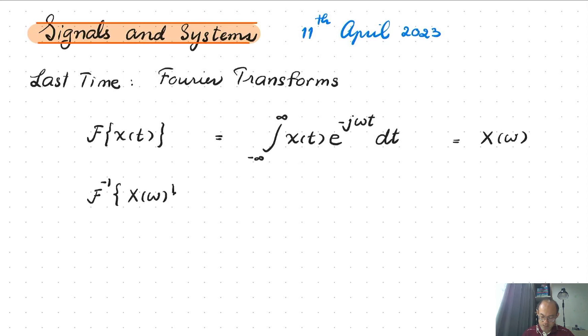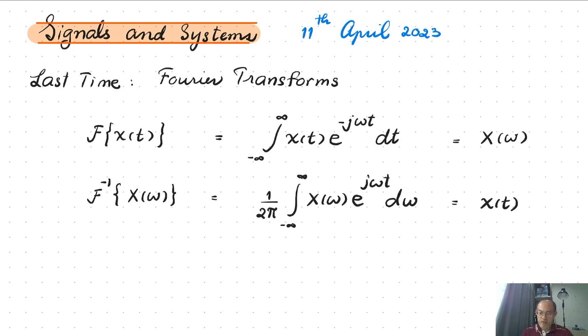The definition of the inverse Fourier transform is 1 over 2 pi times the integration from negative infinity to infinity of X of omega e to the j omega t d omega. When the integration is carried out, the result will be the time function x of t.